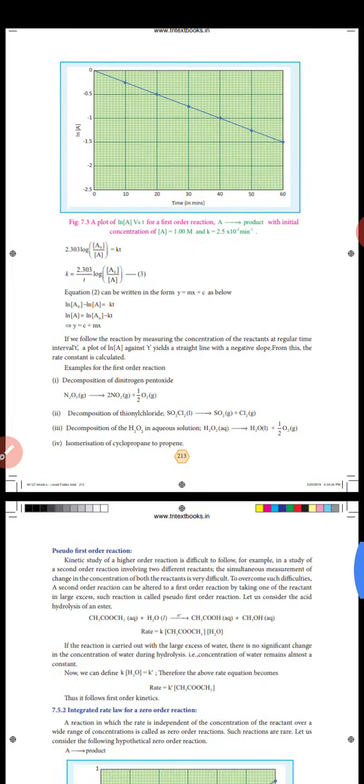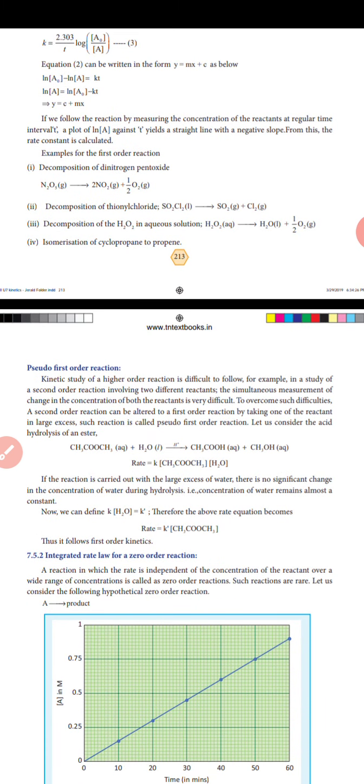The pseudo first order reactions. Consider the hydrolysis of the ester, where the ester reacts with water molecules: CH3COOCH3 plus H2O gives CH3COOH plus CH3OH. So the rate constant is K. If the reaction is carried out with a large excess of water, there is no significant change in the concentration of water.